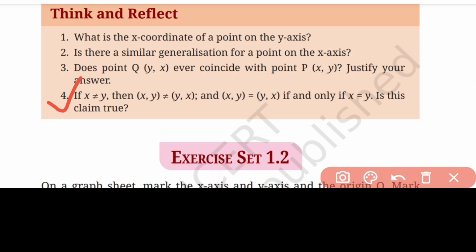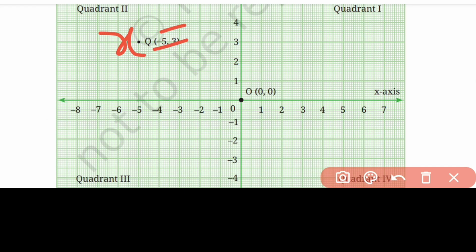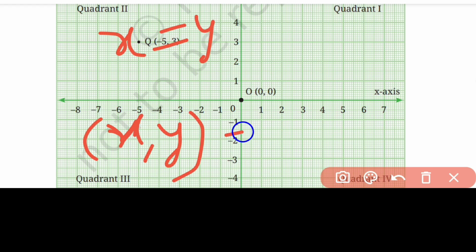Next, the fourth question. If x is not equal to y, then (x, y) is not equal to (y, x), and (x, y) is equal to (y, x) if x is equal to y. Is this claim true? Yes, of course it is true. Both statements are true. If x is equal to y, then (x, y) is equal to (y, x).